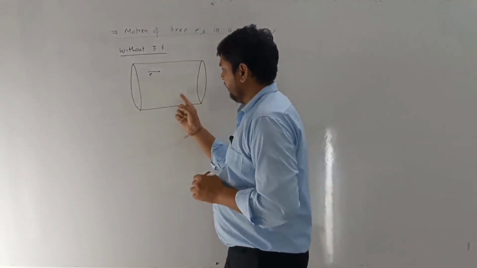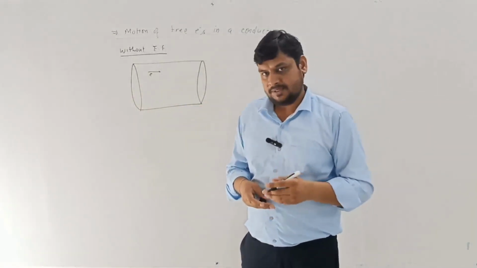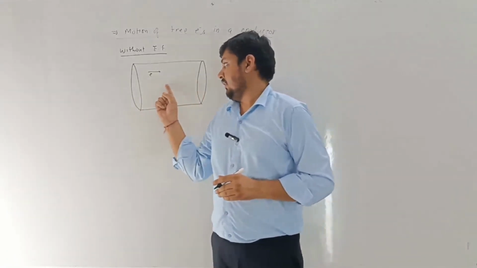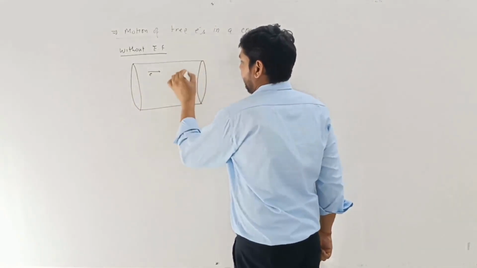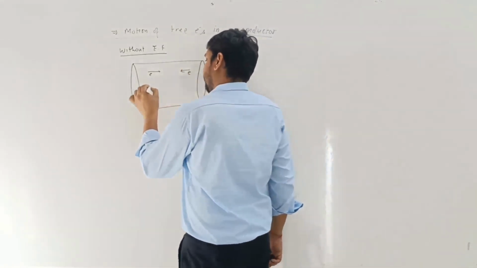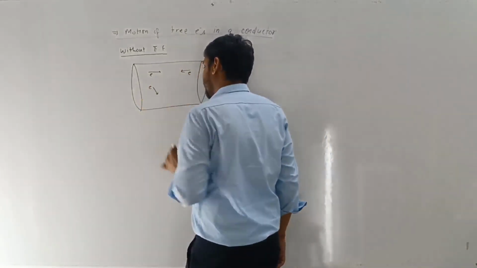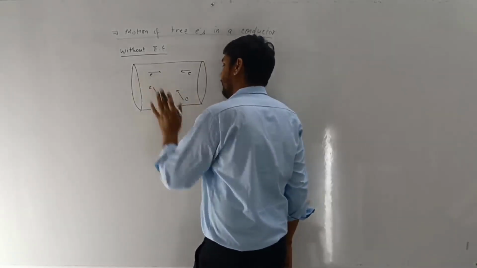Then in this conductor another electron is also present which is moving in the opposite direction of this electron. For example, if this electron is moving in this direction, then there is another electron also which is moving in the opposite direction.